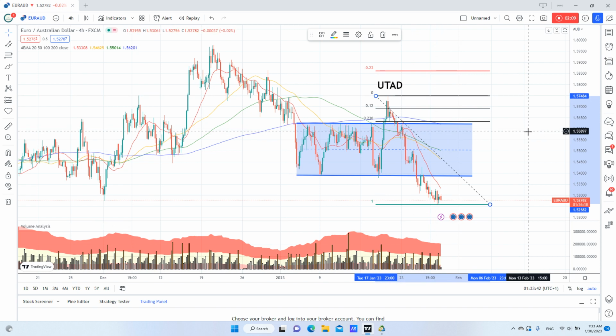levels, and I will try to enter around the 77, which will also be confluent with the upper limit of the channel here.